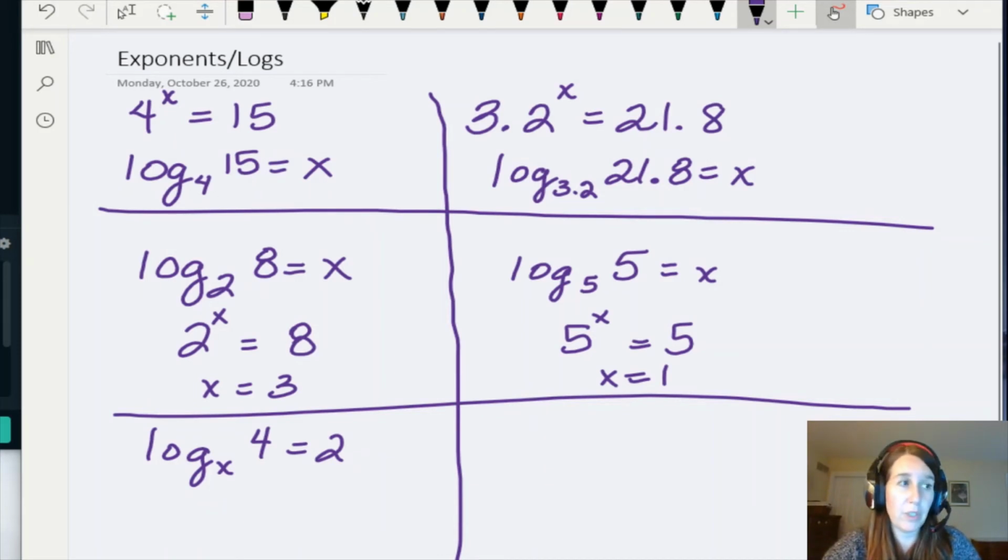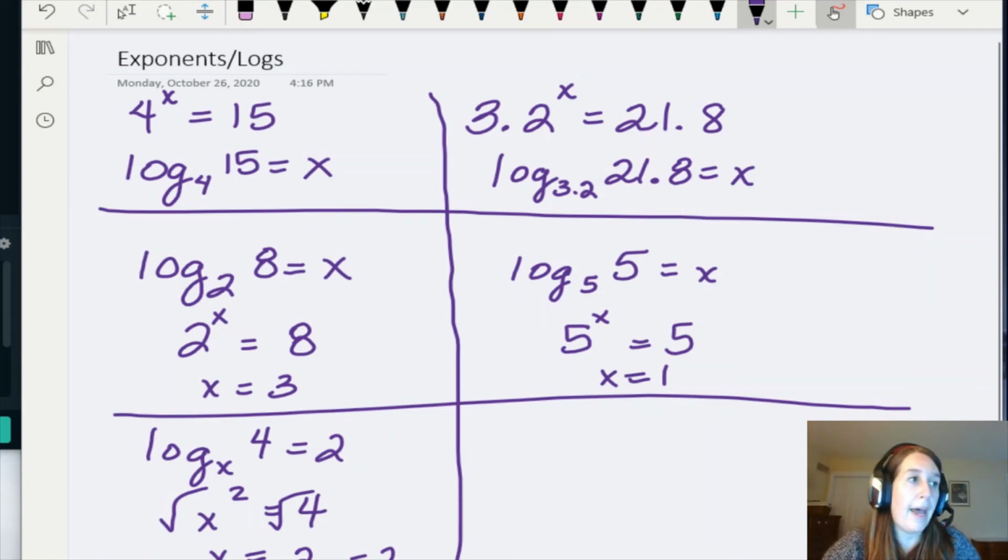I don't know how we would solve for that using a calculator even, right? So then you want to turn it into exponential form. So x, and then switch them, squared equals 4. Okay, x squared equals 4. So if we want to solve for x, we could take the square root of both sides, and we get x is equal to 2 or -2.